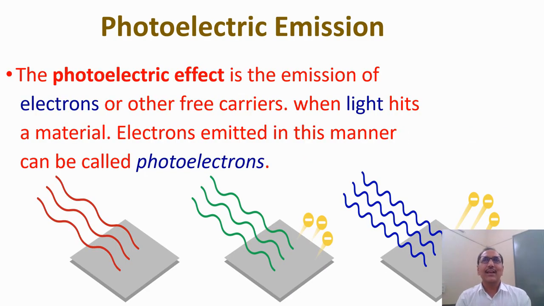In brief, when electromagnetic light is incident on a metal, ejection of electrons starts. That process is called photoelectric emission, and the ejected electrons are called photoelectrons. This effect is called the photoelectric effect.